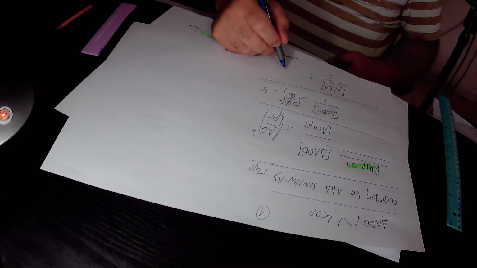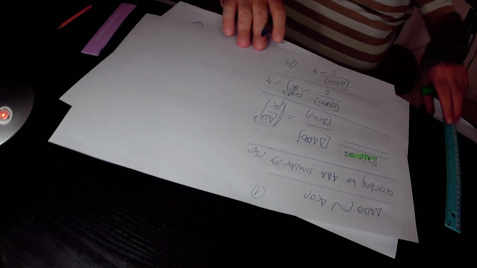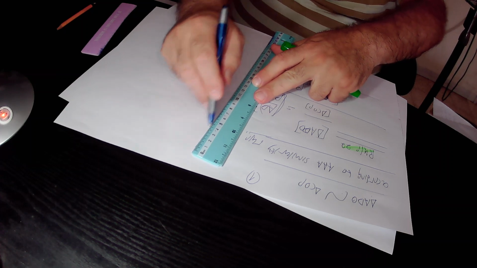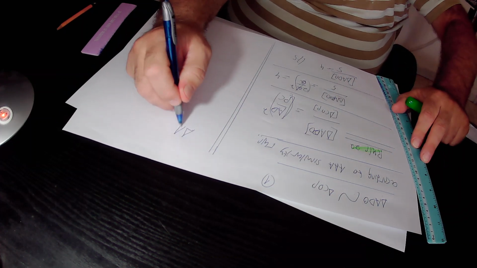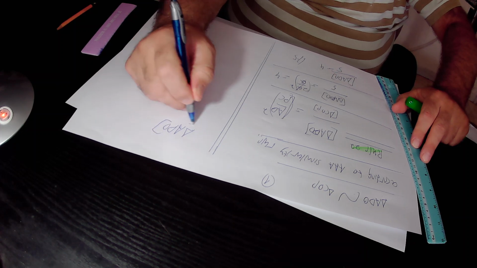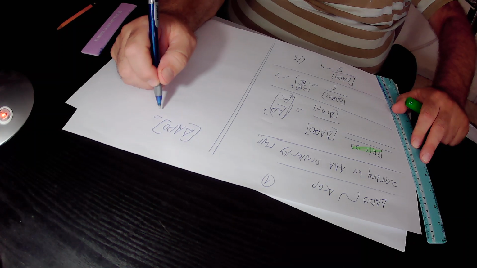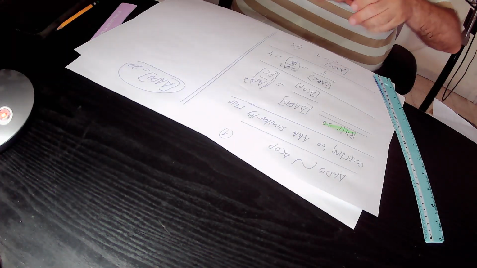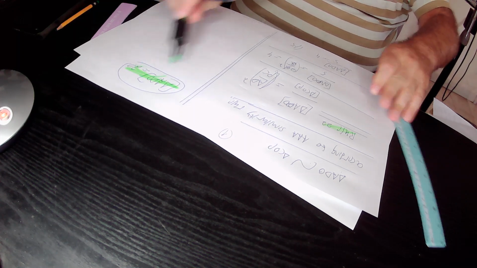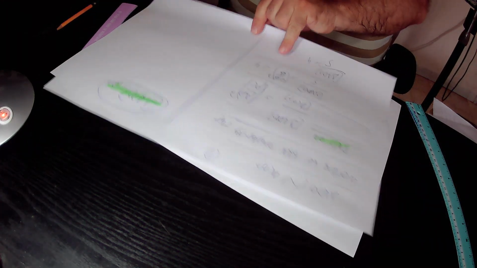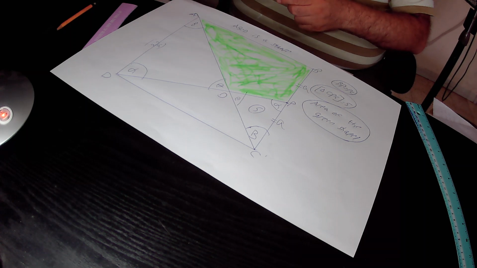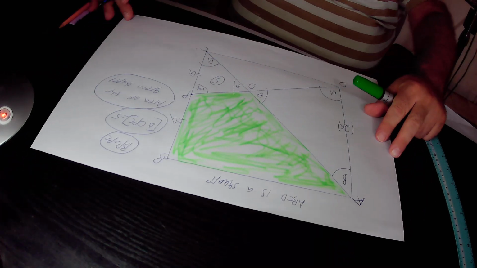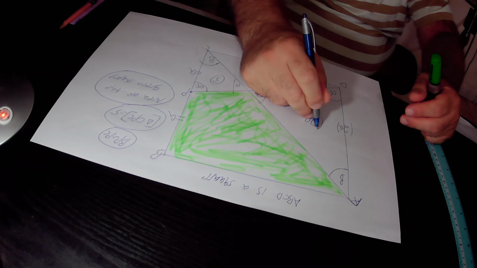Here we multiply this equation by 5, and we get that the area of the big triangle ADO is equal to 5 times 4, that is 20 square units. I'll write it down. The area of this triangle ADO is equal to 20 square units.